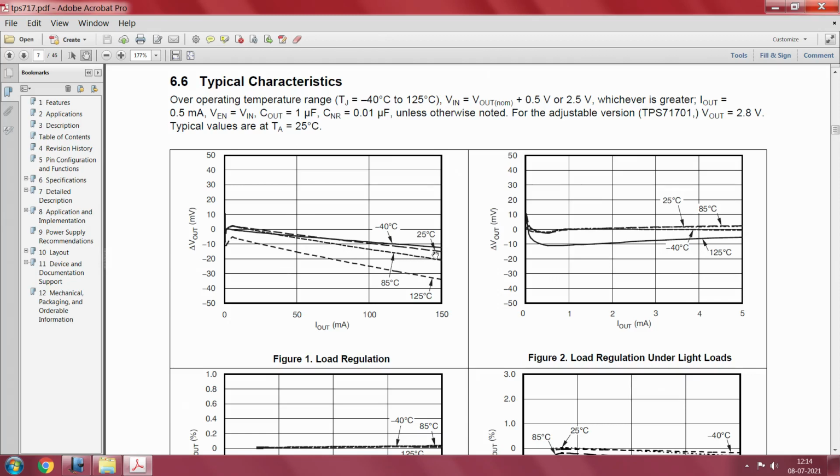Same way if you go and understand this picture, you will see that at room temperature 25 degrees and so on, drop is only about minus 10, even less than minus 10, right, and it is a little bit negligible if the temperature is at minus 40.